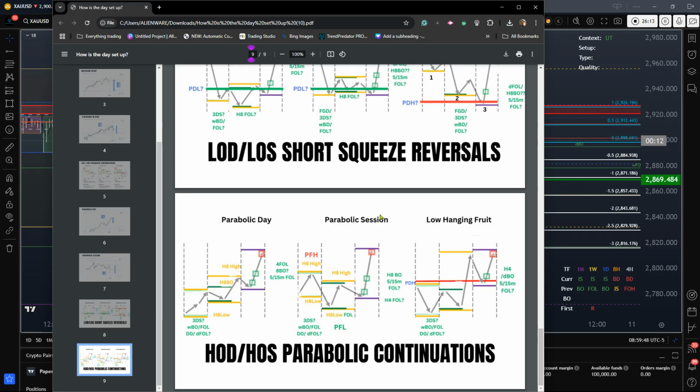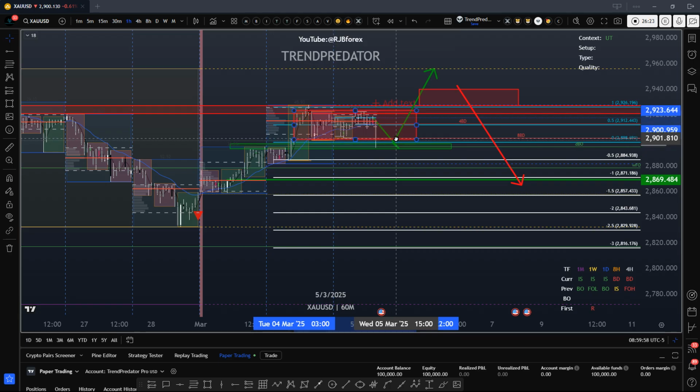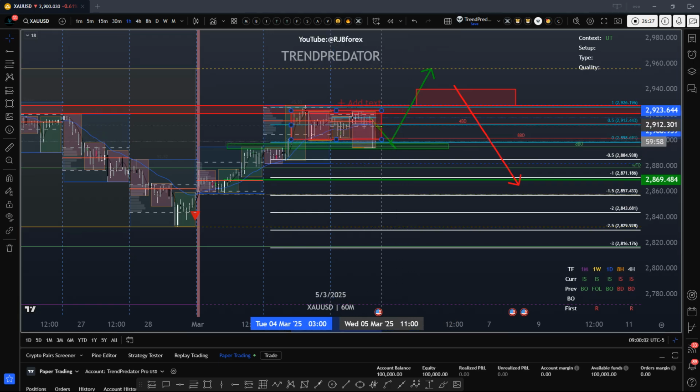And then we could be coming back up above the Asian low for a continuation to the upside. So if we close back inside of the Asian low, then perhaps we'll get a parabolic move out of the New York Open, which is what we're coming into now.